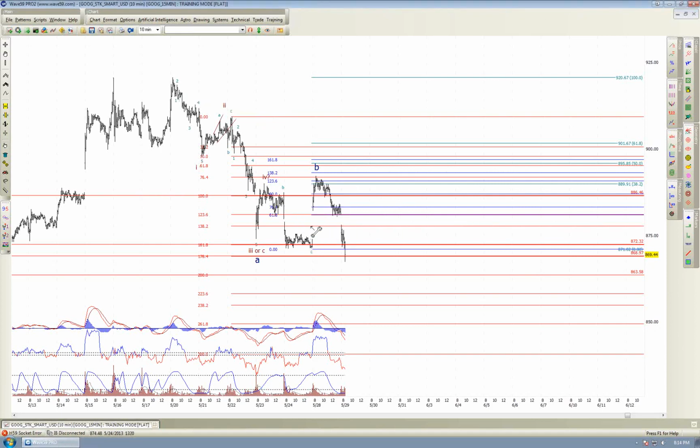So it's more likely that this was the C wave of an expanding flat. So I'm going to go ahead and change this to the blue count, meaning that this high was an A wave, this is a B wave retracement, and then we have C wave on this gap up.